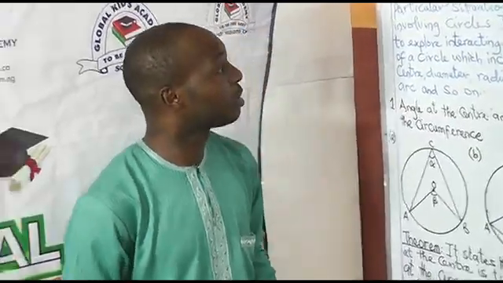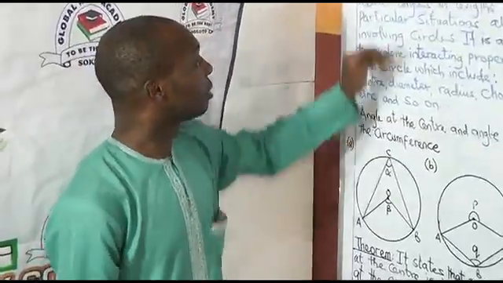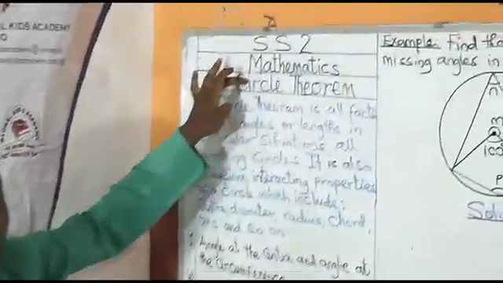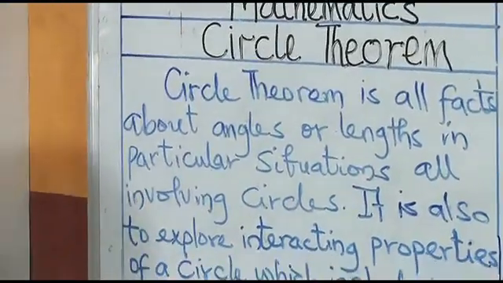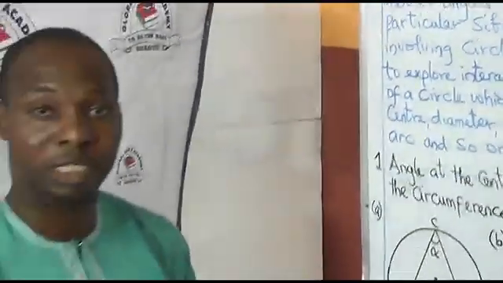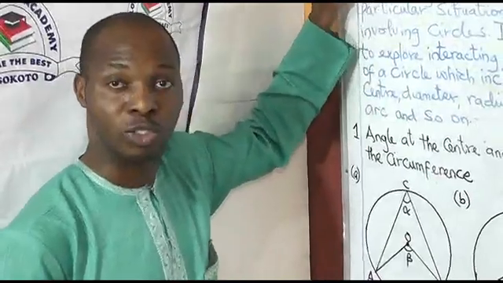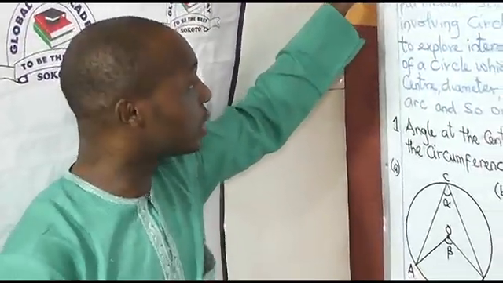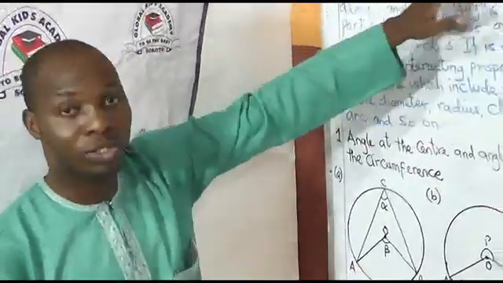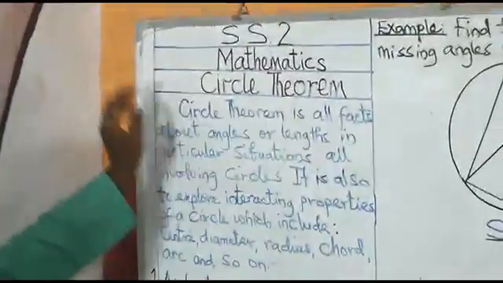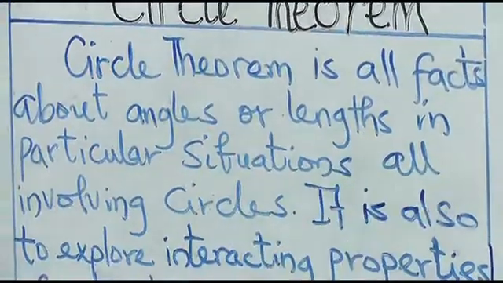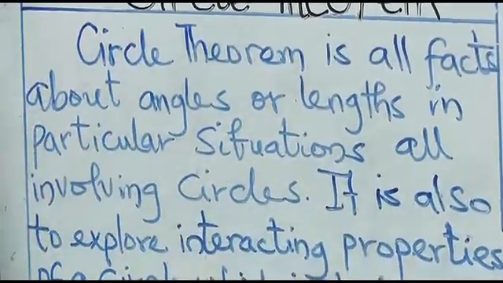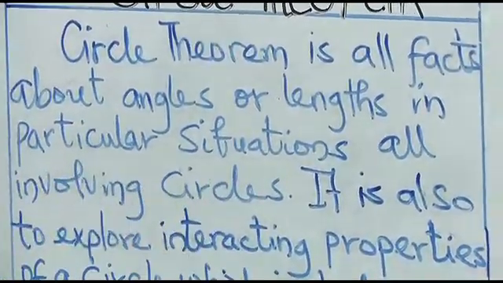To begin, let's look at what a circle is. A circle is a locus of a point, or all points equidistant from a particular point called the center of the circle. Now, circle theorem is all facts about angles or length in a particular situation, all involving a circle.